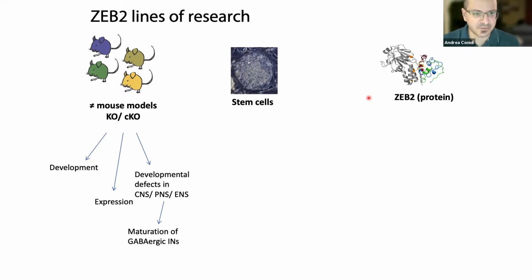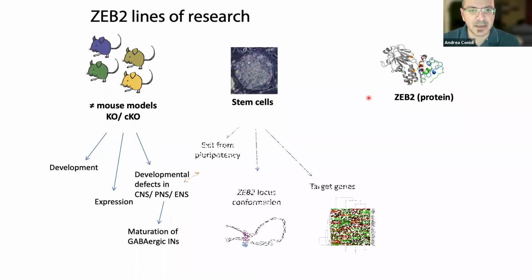In the case of mouse models, it allowed us to study the role of ZEB2 in development, the expression pattern of ZEB2, the developmental defects associated with the central nervous system and peripheral nervous system, but also how they connect to each other. In the case of stem cells, we know that ZEB2 is important for the exit from pluripotency, from the pluripotent stage of stem cells to a more differentiated state, target genes and locus conformation.